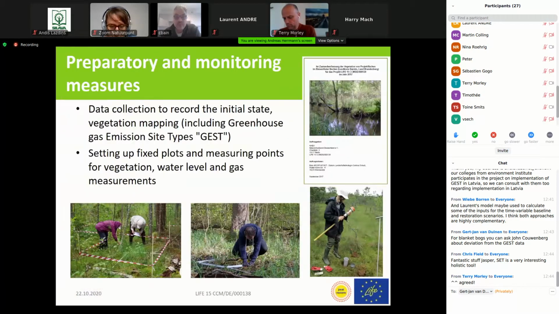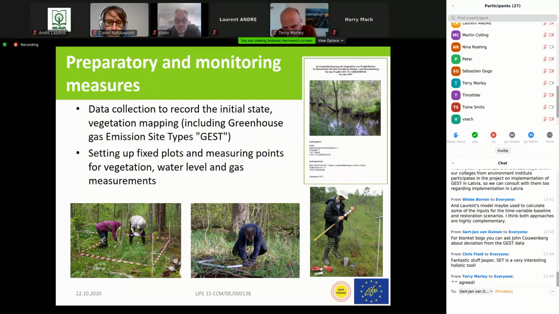Yes, so we use the GEST approach, and thanks to Jasper for explaining a bit the GEST model. I think all of you are familiar with this approach, but we started in the different countries where our partners are not very familiar with the GEST approach.